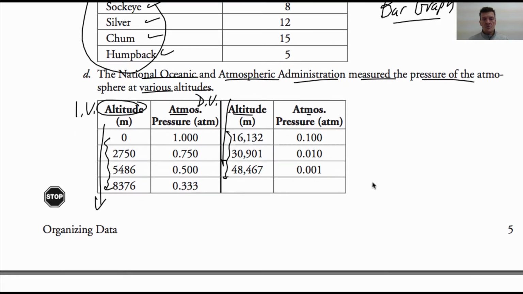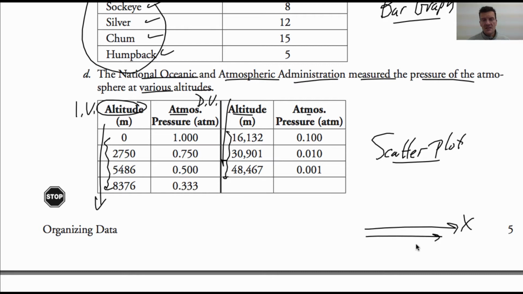Okay? This one would best be graphed using a scatter plot. And you would put the altitude on your x-axis, increasing, and then you would plot the points here, because on your y-axis you would have the pressure. Okay? And you'd be able to see the trend.